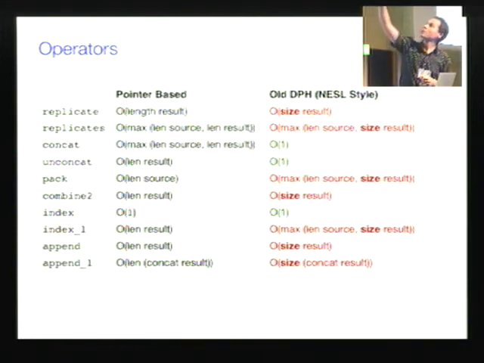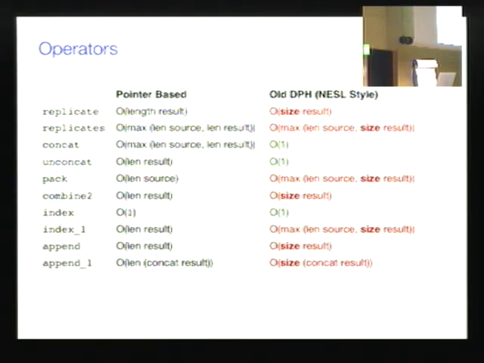In particular, say when I replicate a nested array, if I was using a pointer-based representation, that would run linearly in the size of the result. I'm talking about the length of the top level of nesting. But in the Nestle-style arrays, I can only replicate by deeply copying all the data. So the complexity is linear in the total number of elements in the array, not just the length of the top level of nesting.